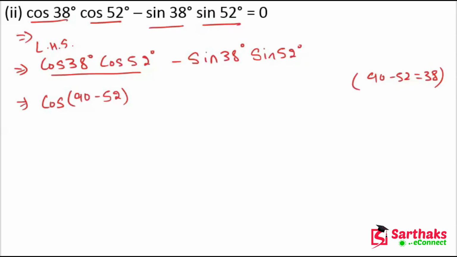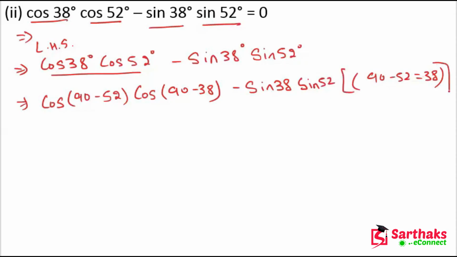And if we write cos 52 as cos (90 minus 38), this is the same as sin 38 and sin 52. Now we know that cos (90 minus a) is sin a, so we can write here sin 52, and this also we can write sin 38.